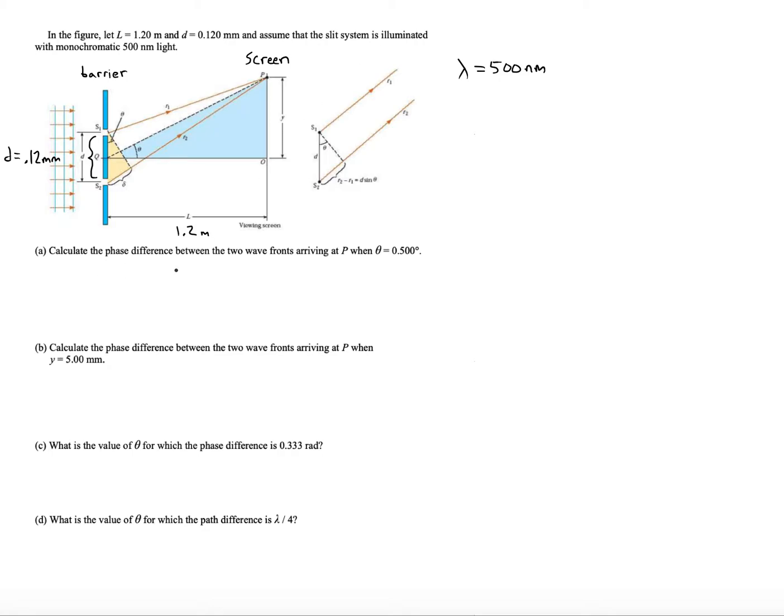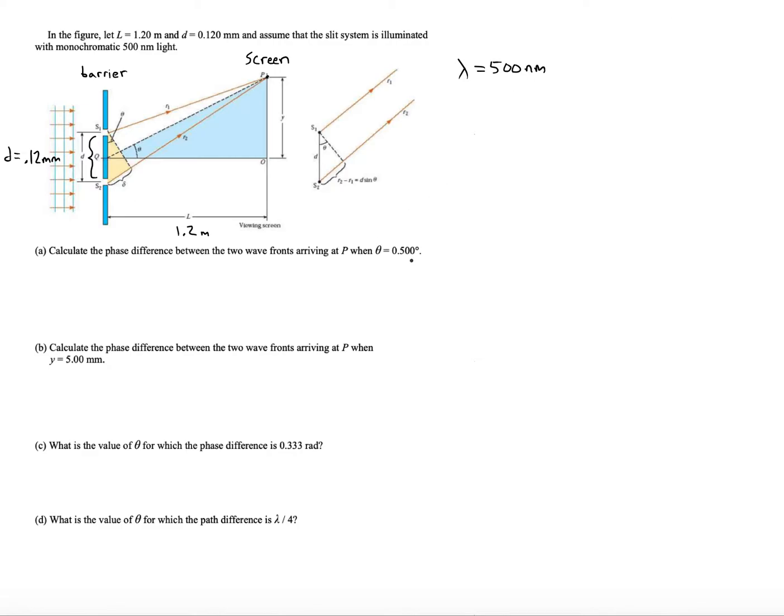Now this one's a little different from ones I had done in the past, because ones I had done in the past were all about what happens at a bright fringe or what happens at a dark fringe. In this case, it's going to be between fringes, potentially. It wants us to calculate the phase difference between the wave fronts arriving at point P here.